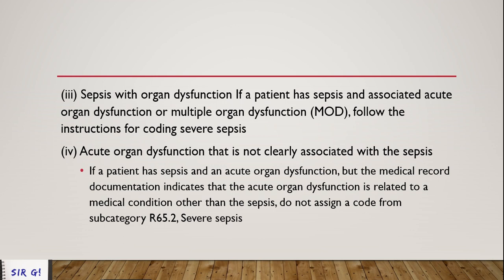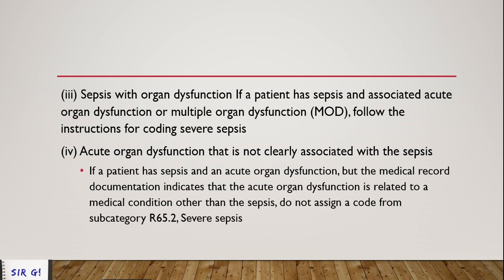For example, you need to code for your sepsis, A41.9, followed by your R65.2, because there's already a severe sepsis, followed by R65.20 or R65.21, for with or without septic shock, and followed by your organ dysfunction. Acute organ dysfunction that is not clearly associated with sepsis.